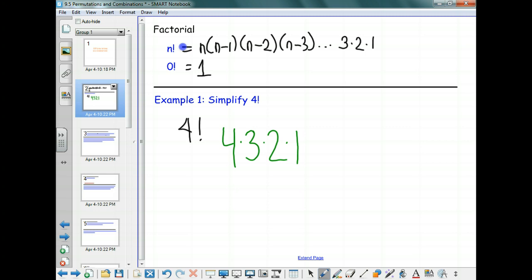And then you're actually going to multiply. So 4 times 3 is 12, times 2 is 24. And do we really need to care about times 1? No. We're at 24. You're done. Thank you. This is what factorials do. It's just a shorthand notation for multiplication all the way down to 1. And that's really all it is.